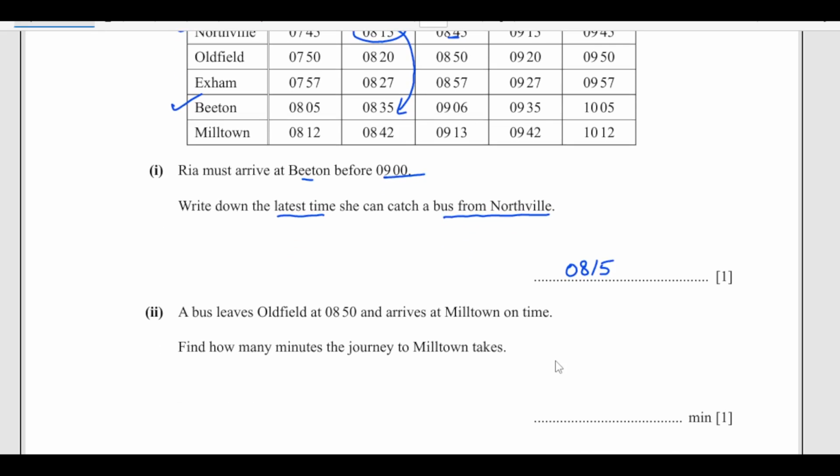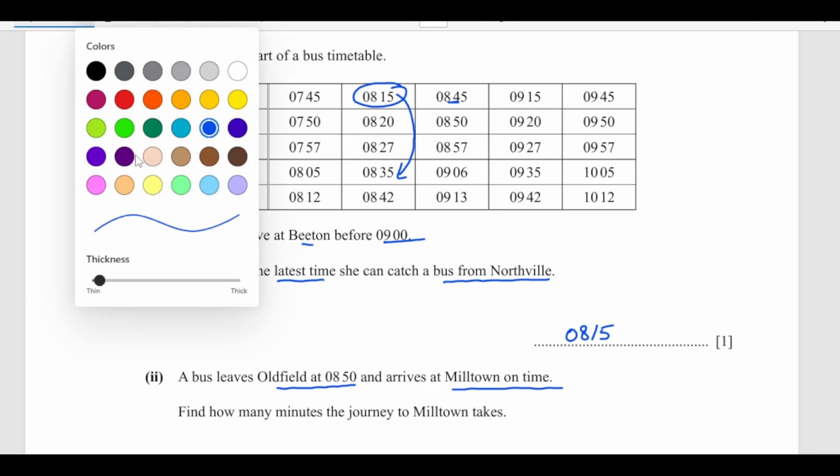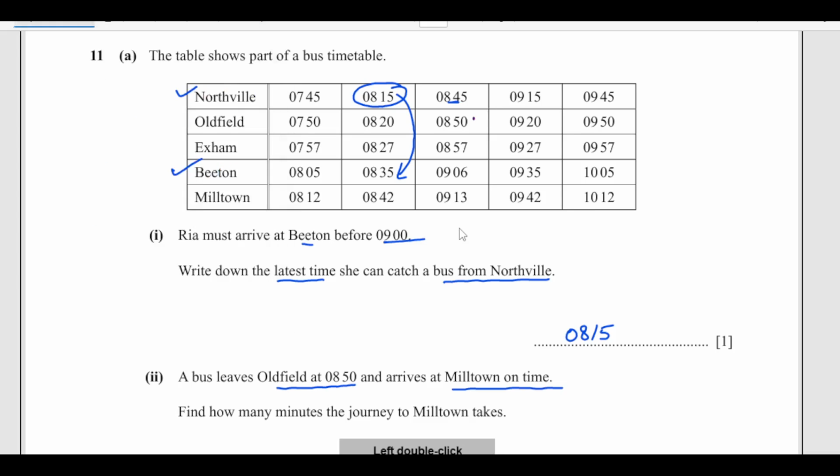Part 2, a bus leaves Oldfield at 8:50 and arrives at Millstone on time. These are 2 stations. Find how many minutes the journey takes. Okay, so Oldfield is here at 8:50, so it is this one, 8:50, it's here, right?